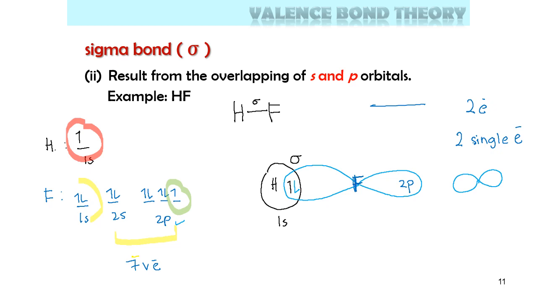Make sure you bold the labeling. And there you go, the overlapping of hydrogen fluoride to form sigma bond. It is the overlapping of s orbital and p orbital here, 2p orbital.